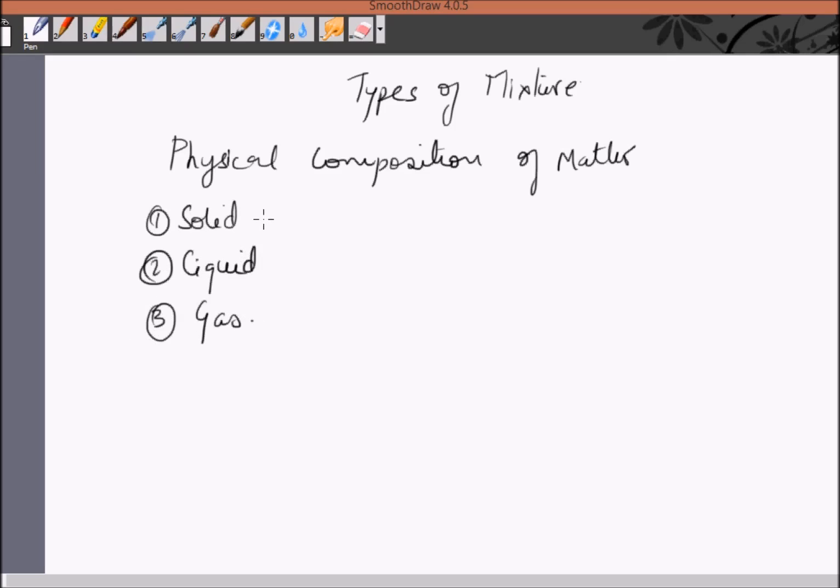So can solid and liquid be combined together to form a mixture? Or liquid or gas can combine to form a mixture? Can solid and solid be combined to form a mixture? Yes, it can.